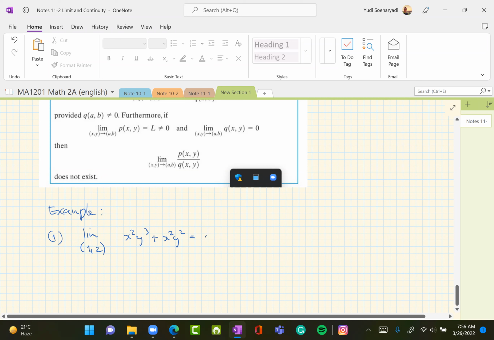Let's see, this is 1, 2 cubed, 1 squared. So this is 8 plus 4, 12.